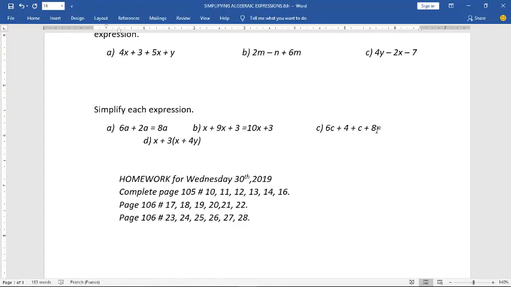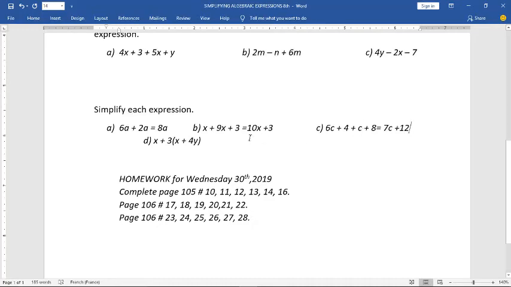How are we going to simplify this expression? First, we have to look for the like terms. 6c is like c, which gives 7c, plus 4 and 8 are like terms. 4 plus 8 is 12, right?